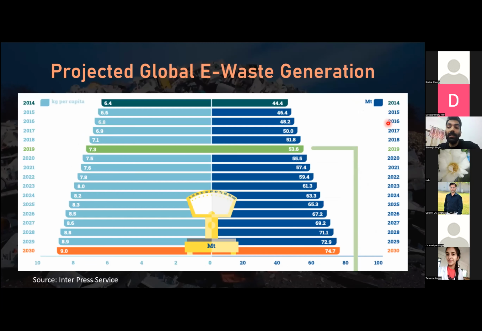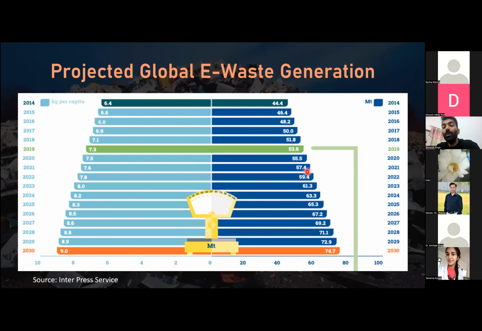Now, this was a very informative graph. It is a projected global e-waste, where they have extrapolated the data obtained till now and made predictions as to where the e-waste will be come 2030. Now, the problem was that when they made this prediction, they did not take COVID into account. For example, they had predicted in this graph that by 2021 we should have 57.4.